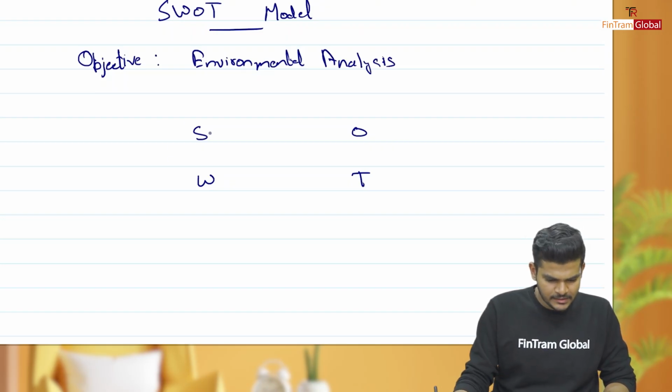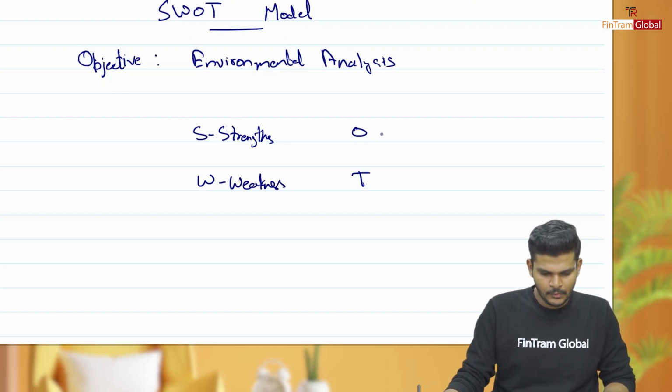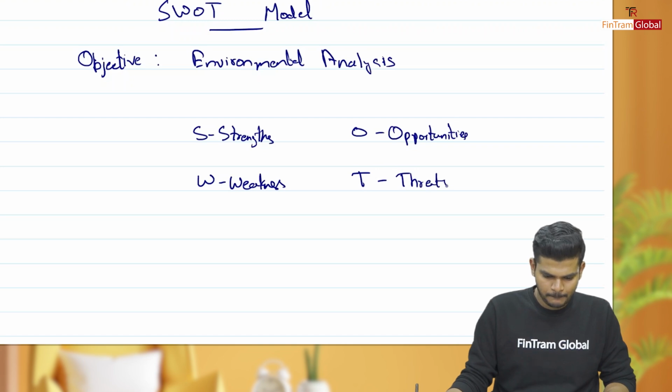S is for strengths, W is for weakness, O is for opportunity, and then T is for threats. So what's the idea here?